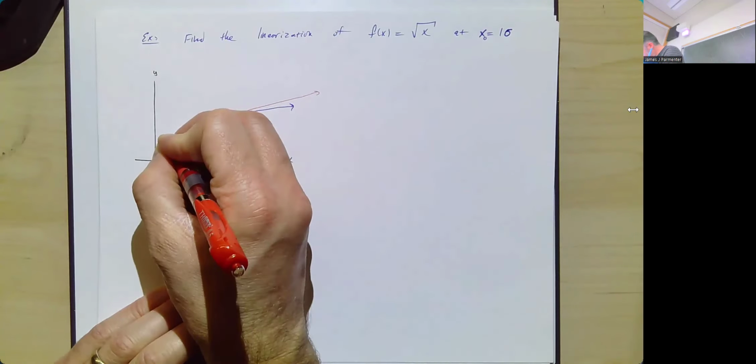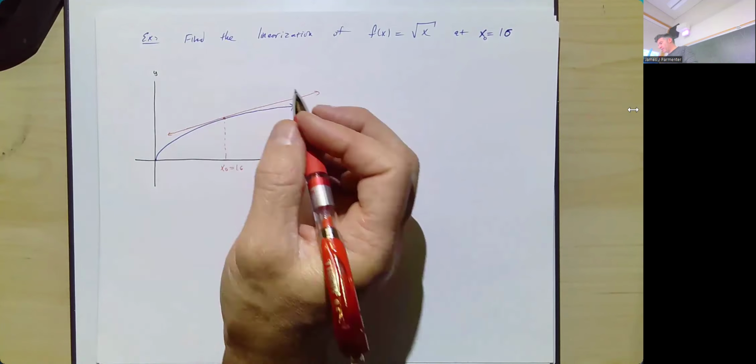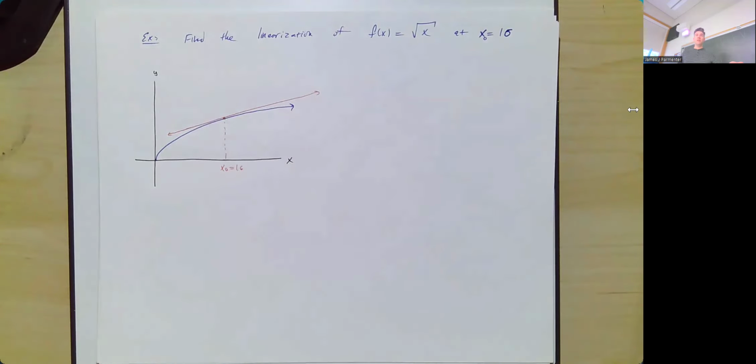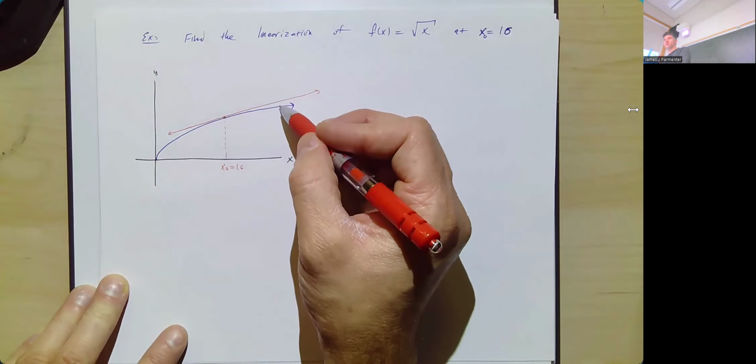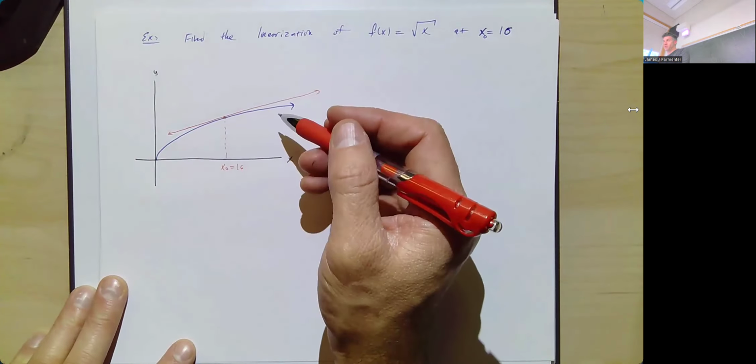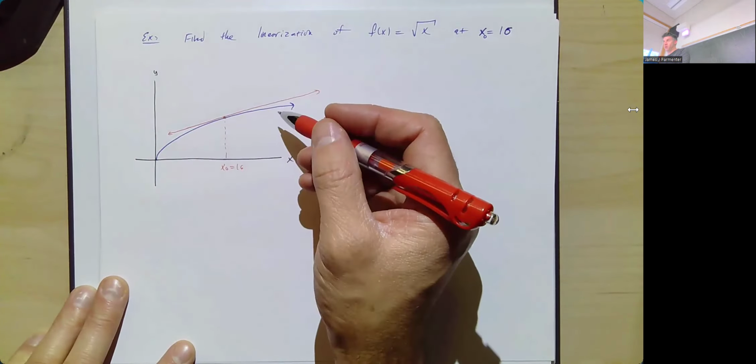I want you to notice that near the point of tangency, the line, aka the linearization, is very close to the square root function. But as you move further away from this point, either to the right or the left, these two curves start to diverge from each other. They don't stay close, they move further and further away. If you went way out here, they'd be very, very different.